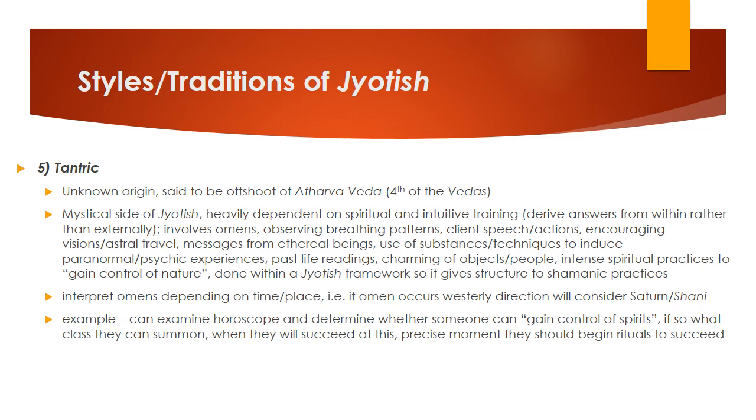I don't know how that works. Whether you'll be successful in this, and I don't know how they define success. I don't know if it's just the communication part or the translation of the messages from the spirits to the client. And then also the precise moment at which you should begin rituals in order to succeed at this craft.